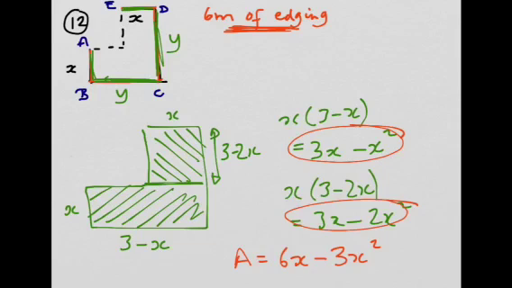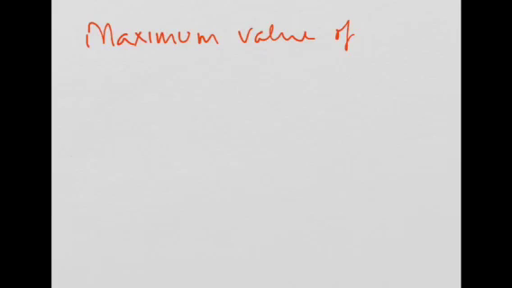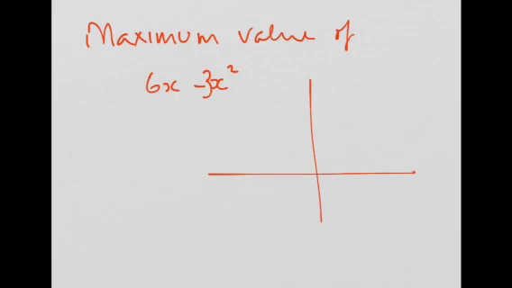To do part C, it says find the maximum area. So you have to find the maximum value of 6x minus 3x squared. That's just like saying what's the turning point. So imagine you were drawing a graph for it. Okay, how do you find the roots?